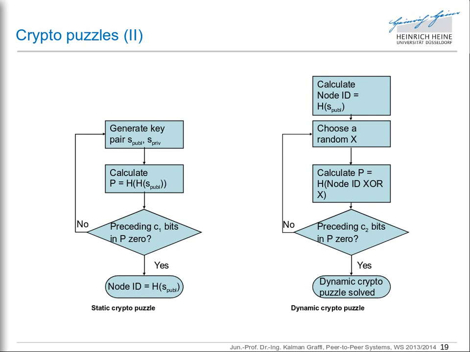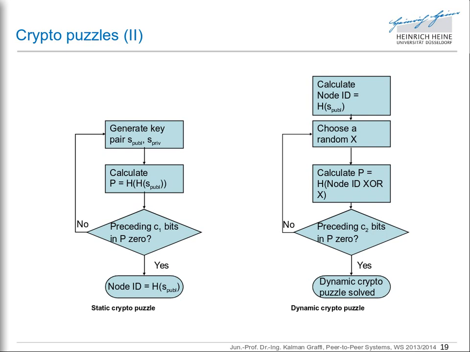Okay, and we have the dynamic crypto puzzles. First of all, generally, this is another approach. The node ID can be chosen freely, but another ID, which is called X here, has to be generated to fulfill some requirements. So let's jump to the algorithm.